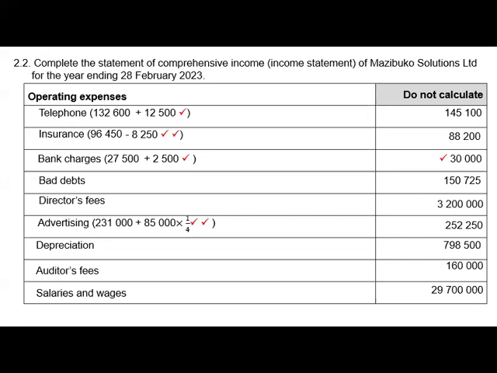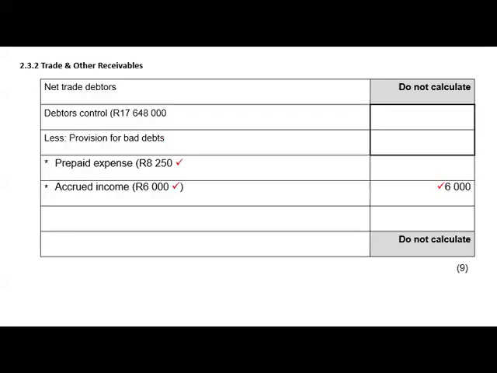Then you credit bank with the total amount of 85,000 Rand. So the 3/4 will go to trade and other receivables as prepaid expense, and that will give us 63,750. You add it to the existing prepaid expense, taking your prepaid expense to a total of 72,000.